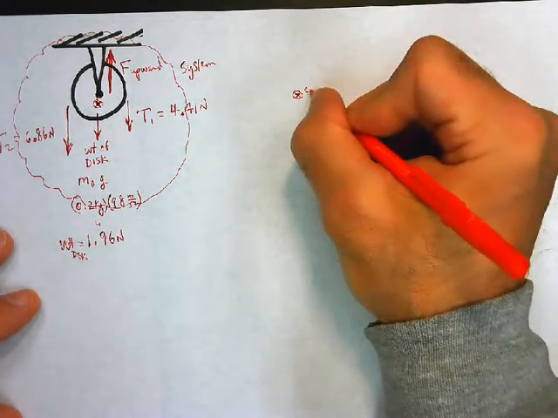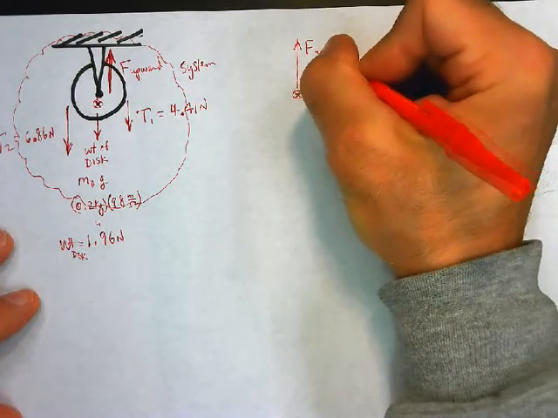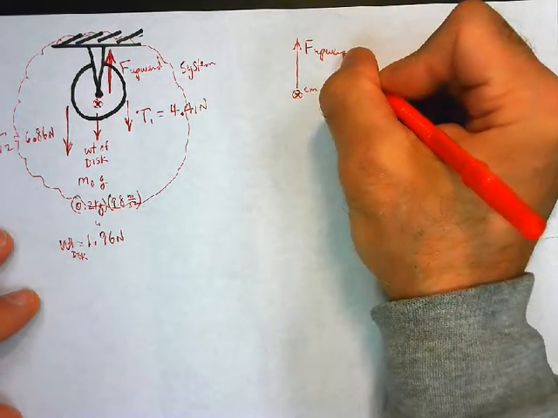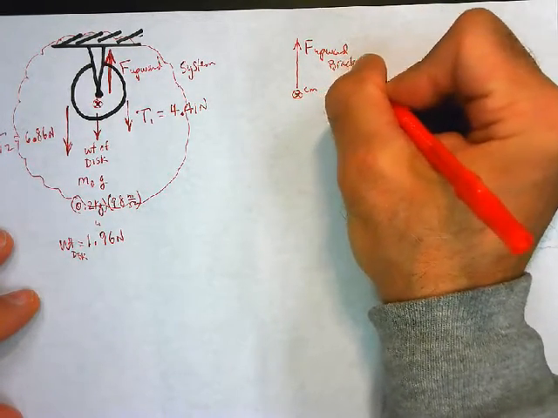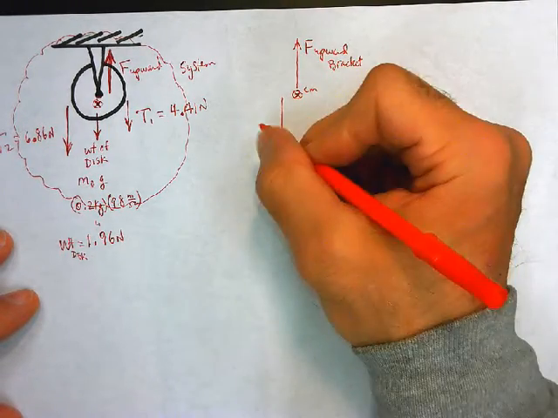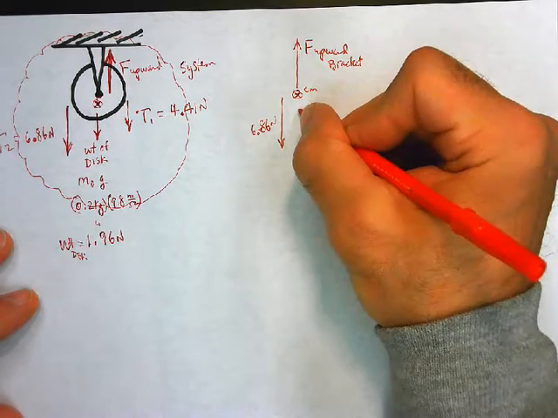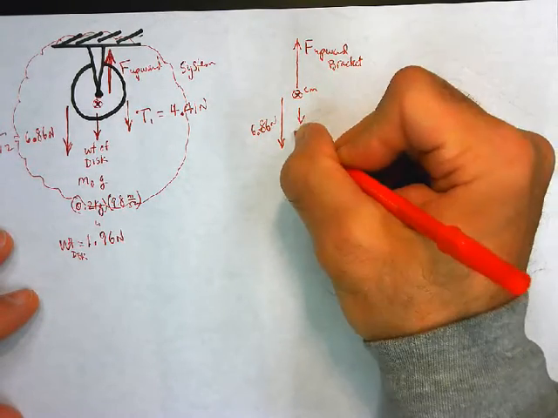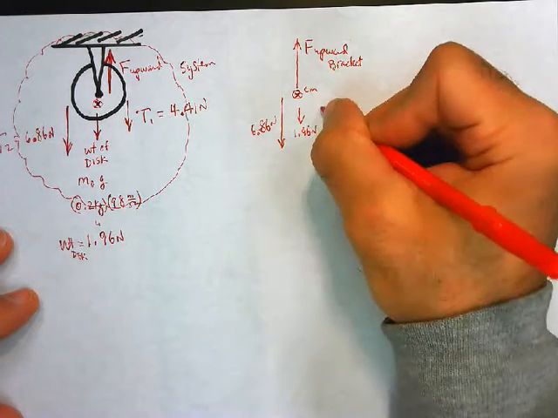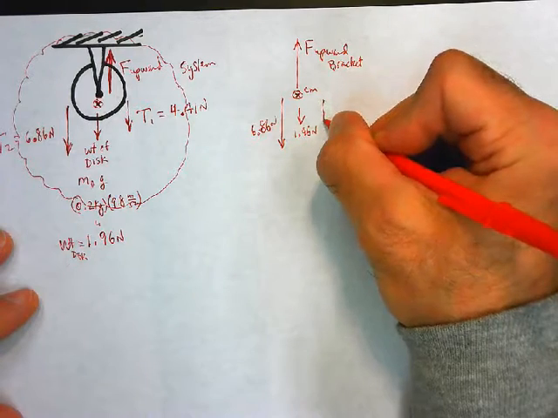There's the center of mass. We have the upward force there due to the bracket. That's equal to the three downward forces due to the tensions and due to the weight of the disc.